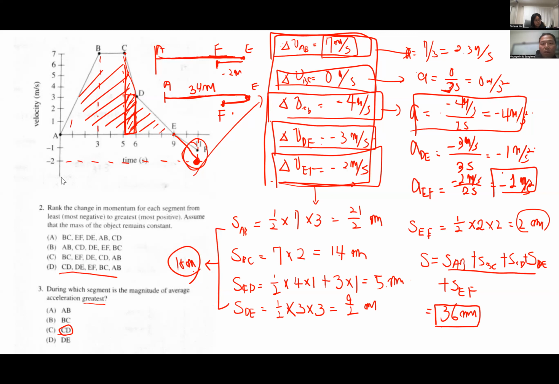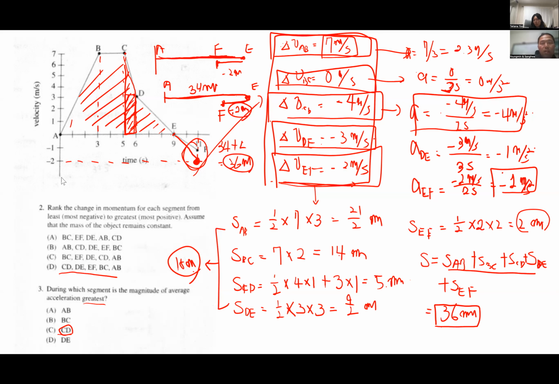And we have E to F is -2 meter. But that minus sign is indicating the direction of the movement. So if the question asks you about total distance, then you just add the magnitude of displacement. So 34 plus 2 meter, which is 36 meter.